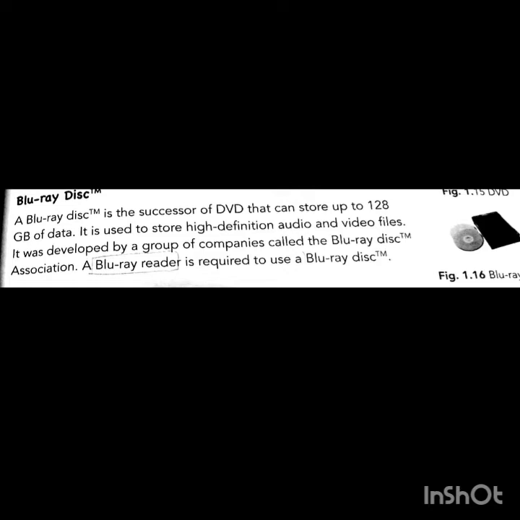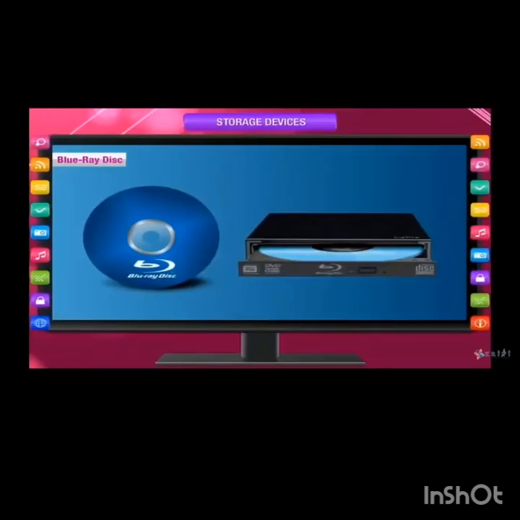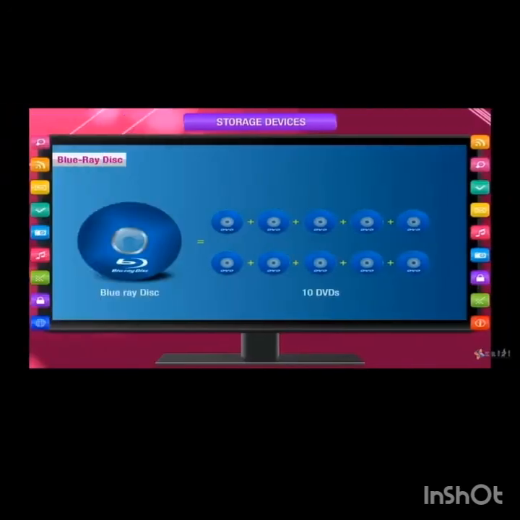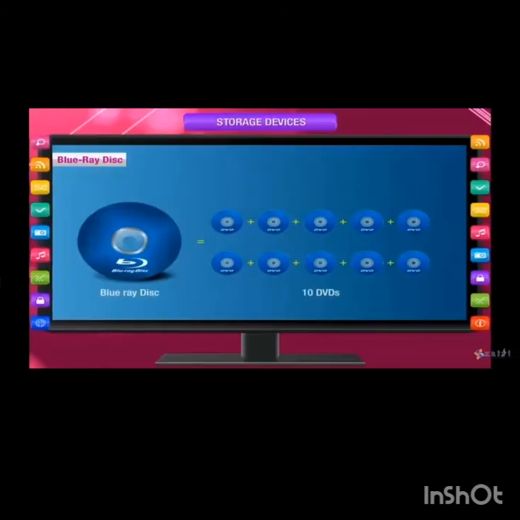It was developed by a group of companies called the Blu-ray Disc Association. A Blu-ray reader is required to use a Blu-ray disc. You can see, students, that a Blu-ray disc can store the data of 10 DVDs, that is 128 GB of data.